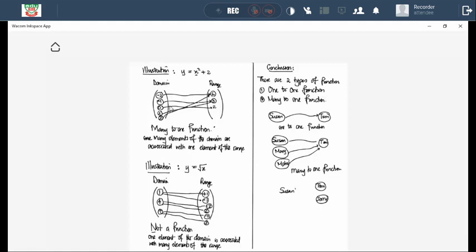Susan is married to Tom, and the same Susan is married to Jerry. That's a taboo in our societies. Susan cannot have two different husbands. So this is not a function.